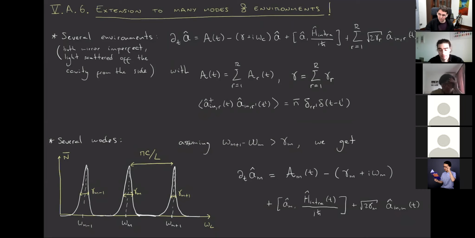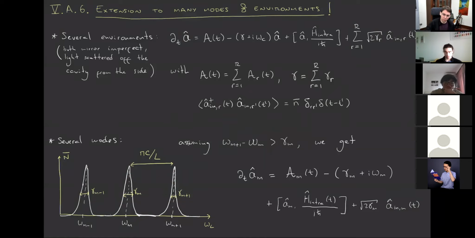And we are assuming that the input operator of one mode is independent of the input operator of the other mode, okay? This can be done only when you are satisfying this approximation. If these two modes overlap, so if these two Lorentzians overlap, then you cannot do that. You cannot assume that the environment is different for this mode and for this mode.